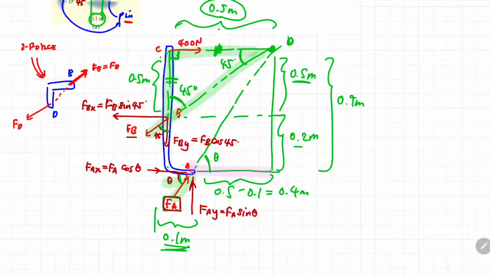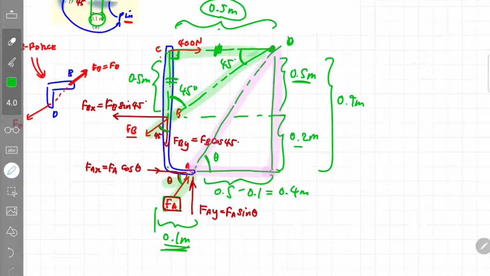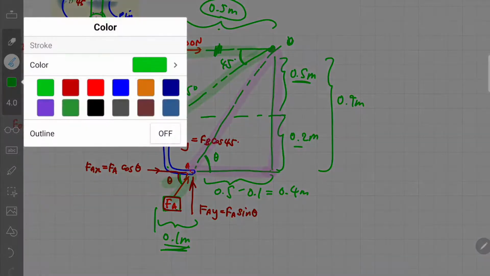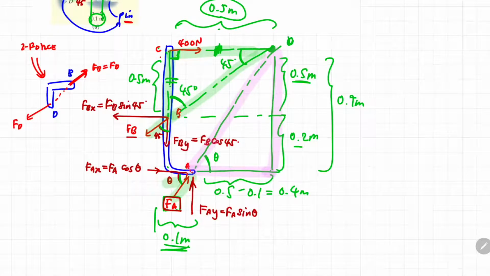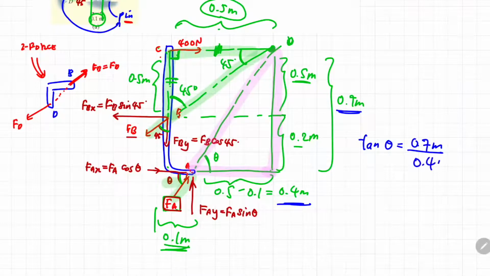Whereby if I were to redraw the triangle like this, harap you boleh nampak, you can relate this triangle using trigonometric function of tangent theta. Tangent sama dengan tentangan, which is 0.7 meter divided with sebelahan dia is 0.4 meter. So you can get a value of theta in the value of 60.2551 degree, and that is the theta angle.